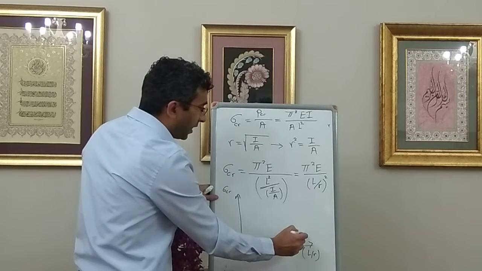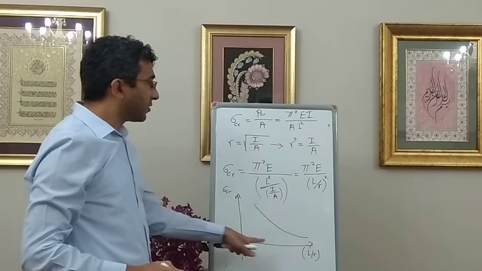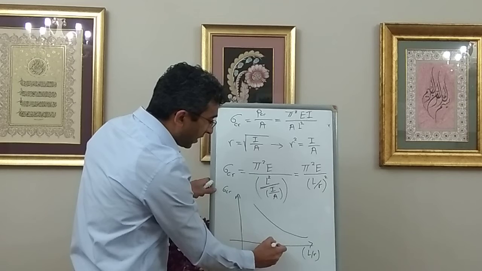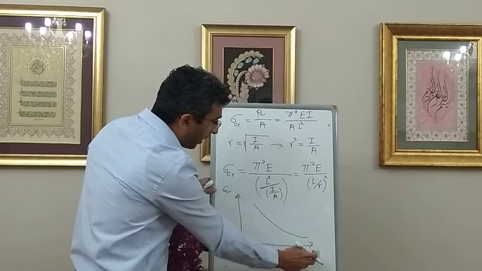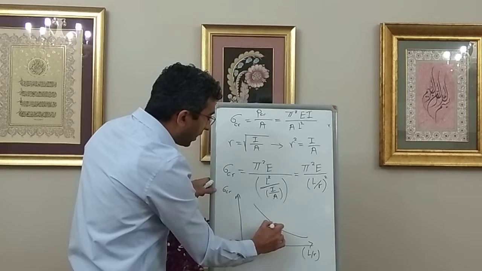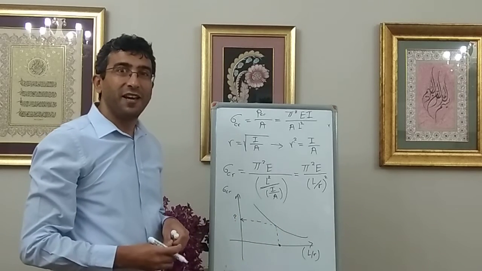You will obtain a curve like that. So if you know the length of the member and R, which gives the slenderness ratio, you can enter this curve and obtain your critical stress value.